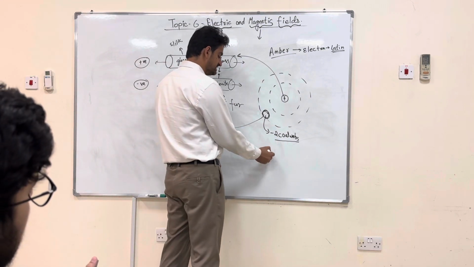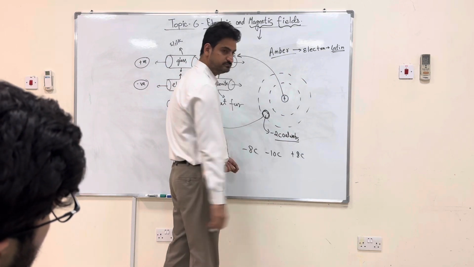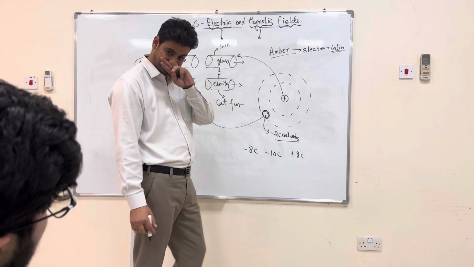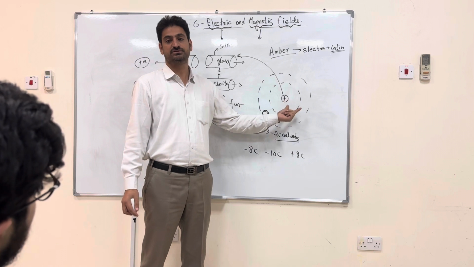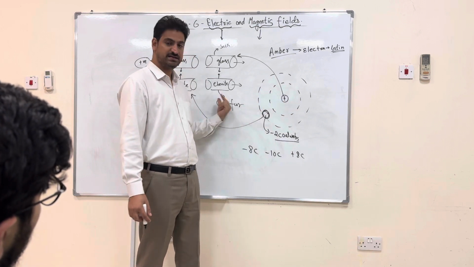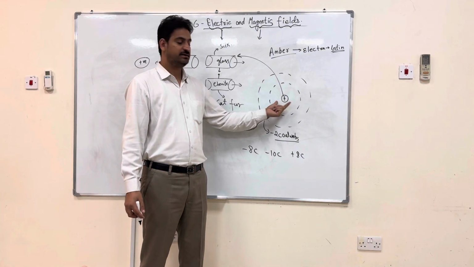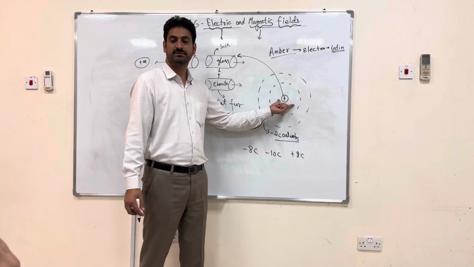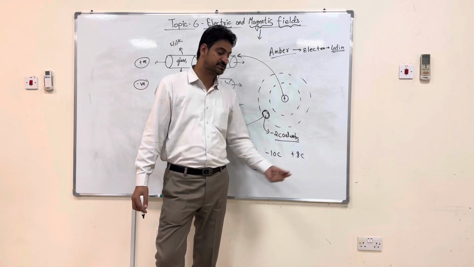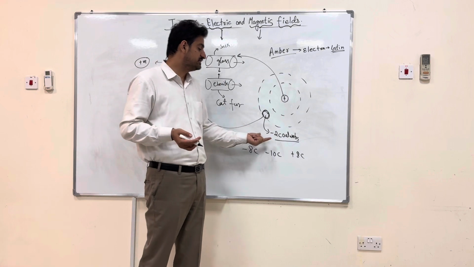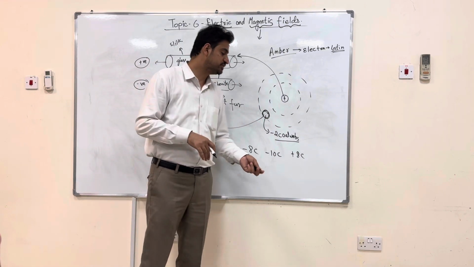Can it have -10 coulomb? Yes. Can it have +8 coulomb? Maybe. Yes, because atoms are neutral. So if you remove electrons, that makes it positive. If you give it an electron, it makes it negative. Let's imagine, though what I'm telling you is not the truth, because electrons do not really have -2 coulombs of charge. I will tell you shortly about it.